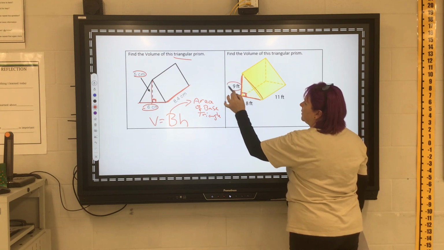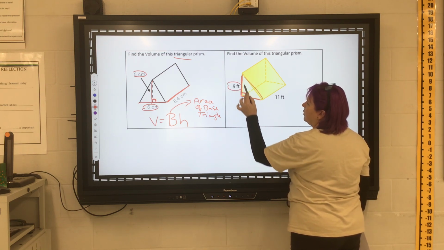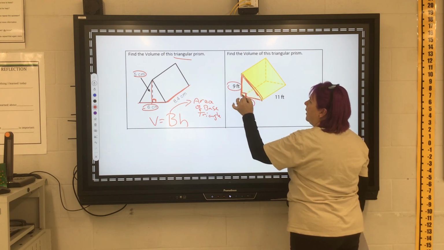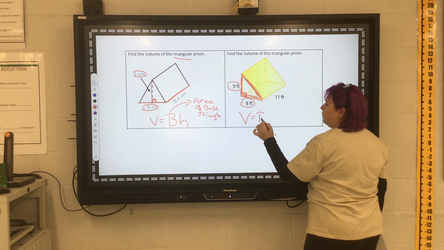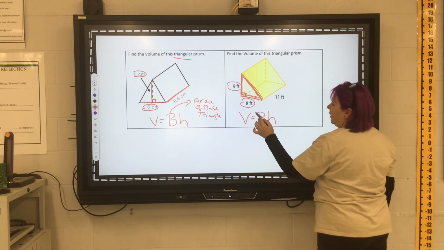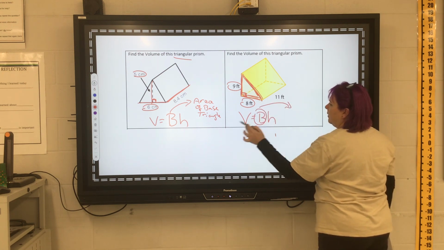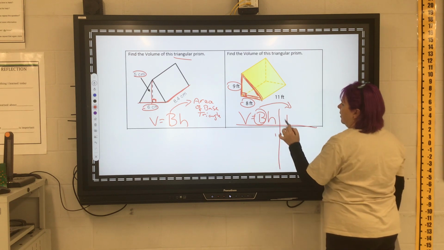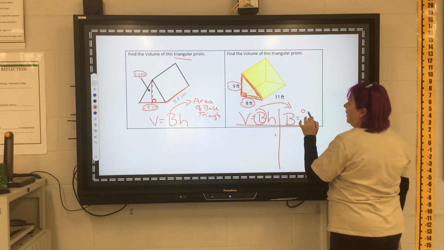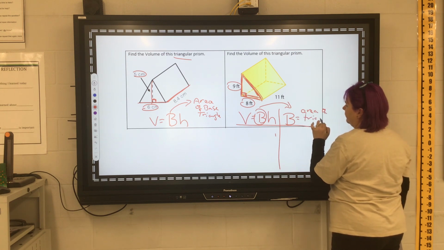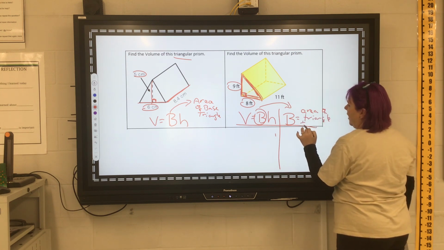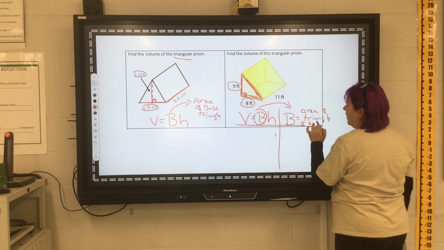That means this one and this one I'm going to use to find the area of this triangle. So volume equals B times H. I'm going to pull out my B, and I get area of a triangle, which is half of base times height.